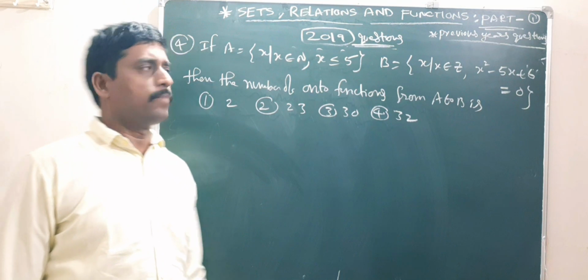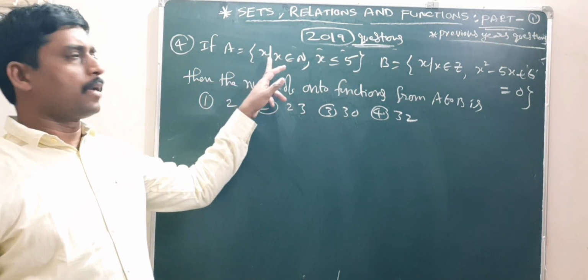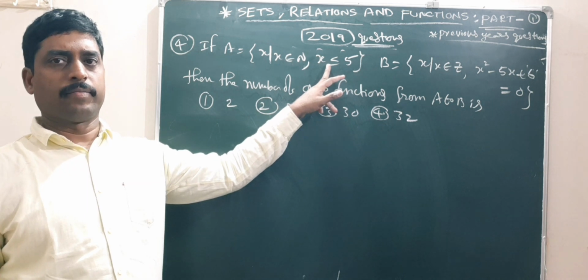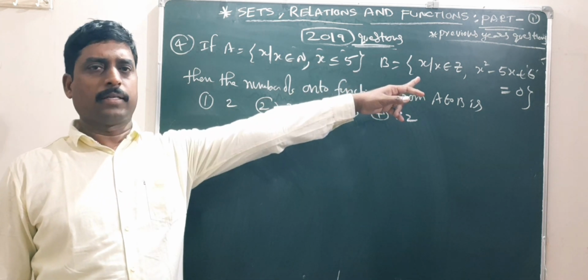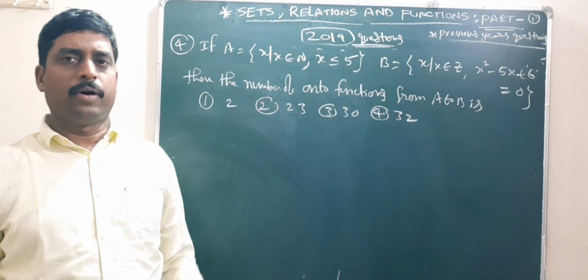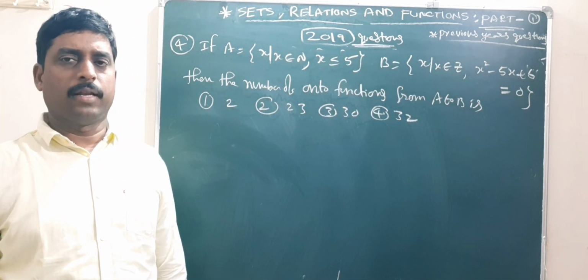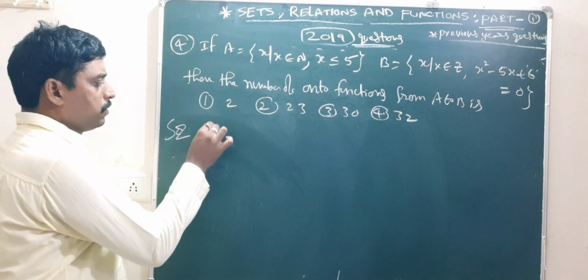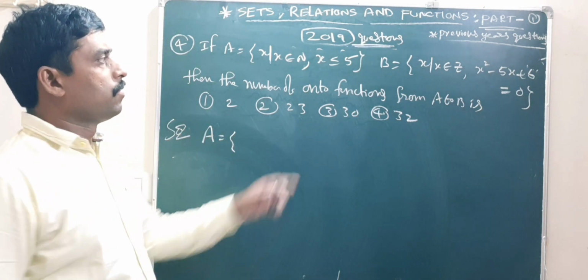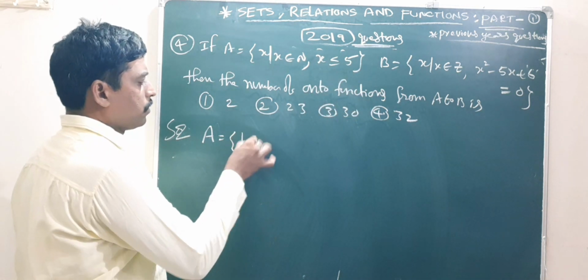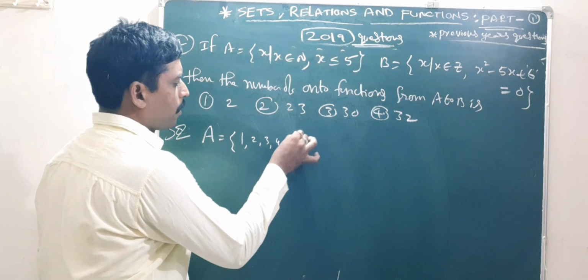So question number 4. A is equal to the set of x such that x belongs to N, x less than or equal to 5. And B is the set x square minus 5x plus 6 is equal to 0. The number of onto functions. What is required? The number of onto functions. So now we have A is equal to the natural numbers 5 and less than 5: 1, 2, 3, 4, 5.